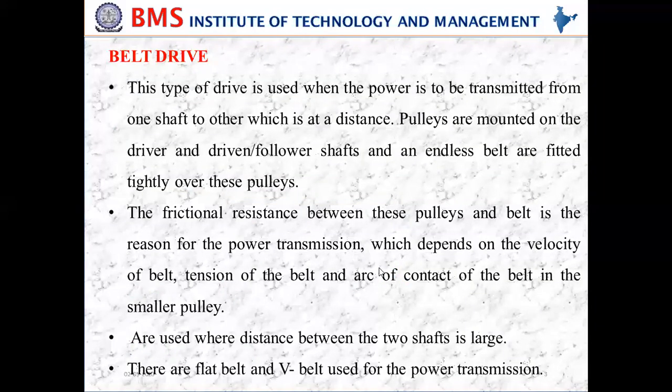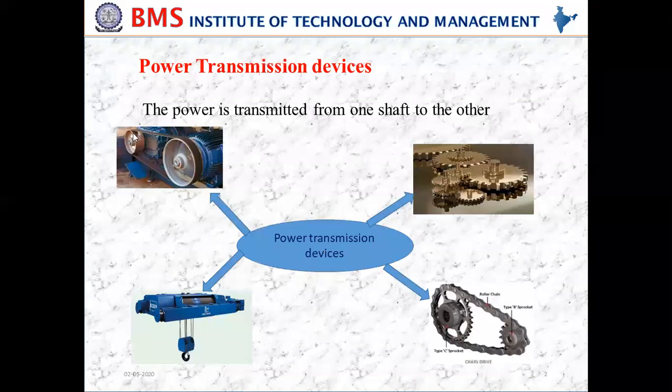These are the three parameters: velocity of the belt, tensions of the belt, and arc of contact, nothing but angle of contact, how much angle of contact can be taken. Let's say if you look at this, the 360 degrees of this pulley is not connected by the belt.